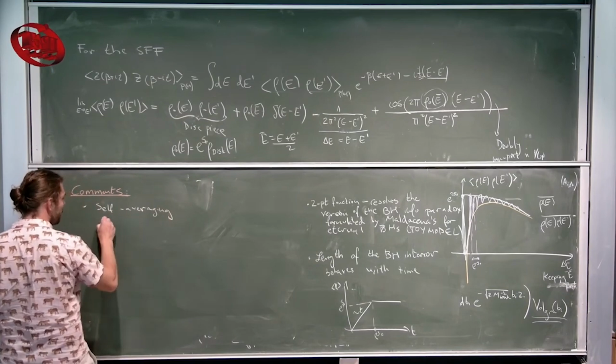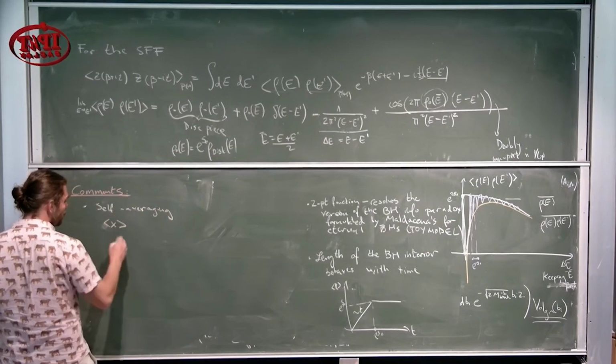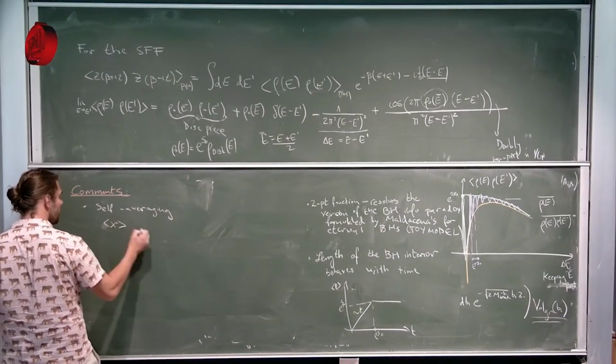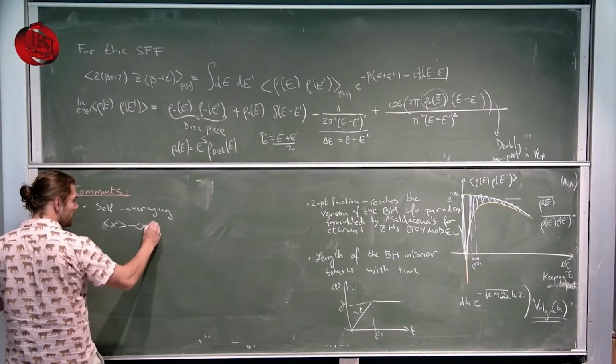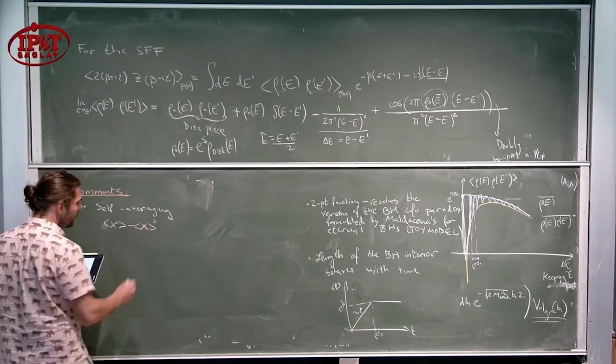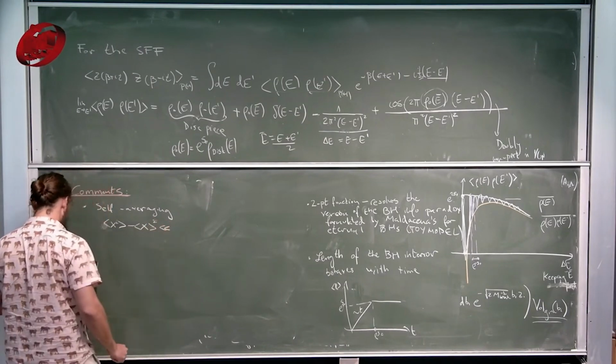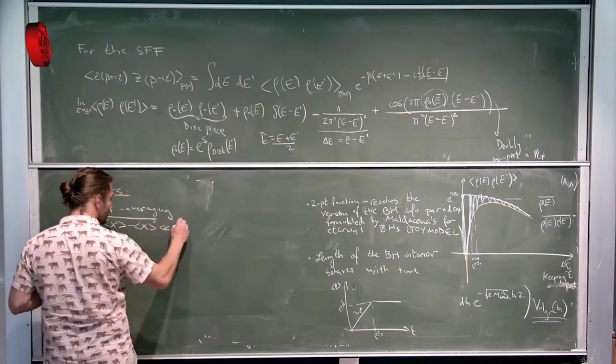So these are observables x, for which the expectation value of x squared minus the square of the expectation value of x in the ensemble is much smaller than the expectation value of x.